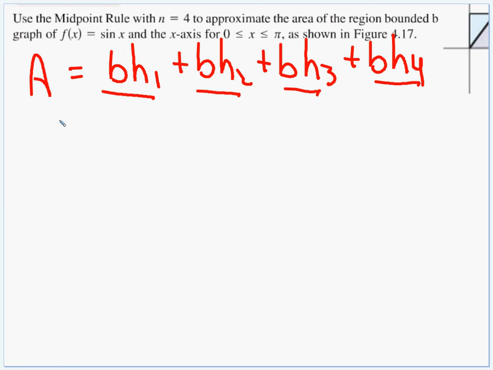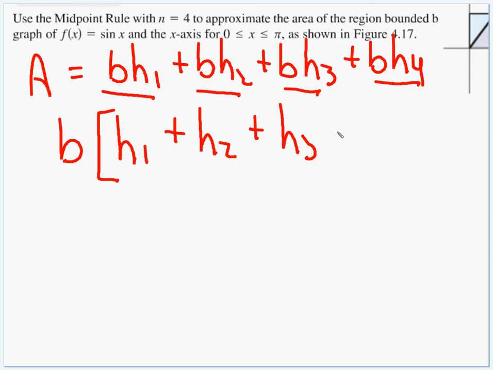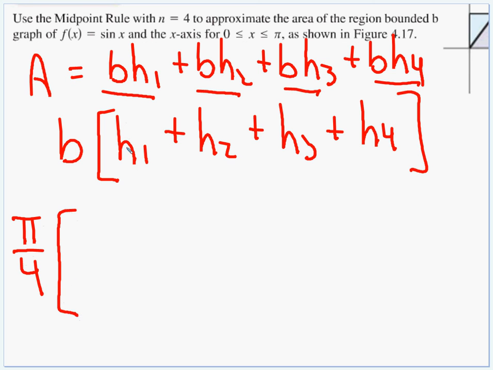So we can factor out the base. When we factor the base out, we're going to have height 1 plus height 2 plus height 3 plus height 4.